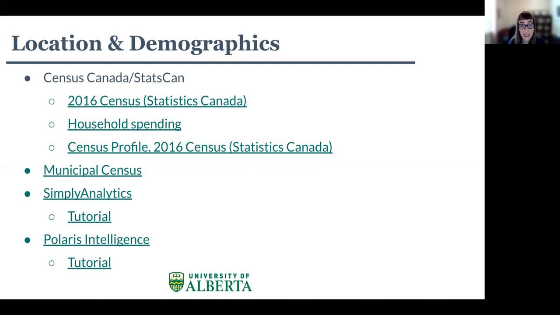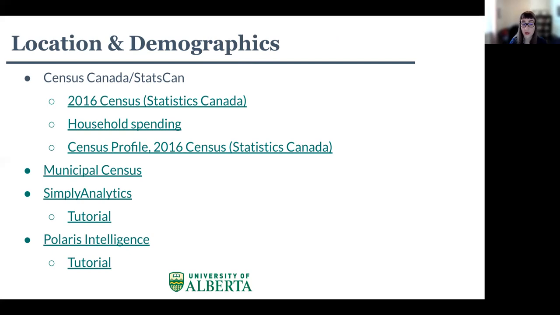I have included it here and also on the PDF that accompanies this video, the link to the tutorial for this database. Since we have more comprehensive tutorials for these two databases, I won't be going into detail here, but I do think it's important to note that these are really useful databases, and just have a quick look at these really quick tutorials. They're about 5 minutes, and then you're off and running and using these databases.